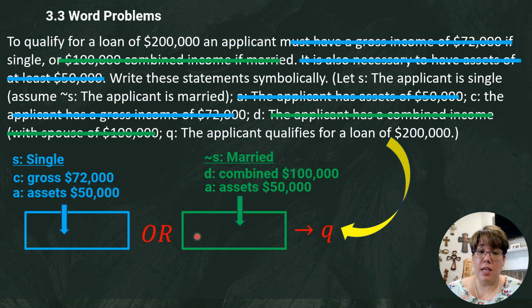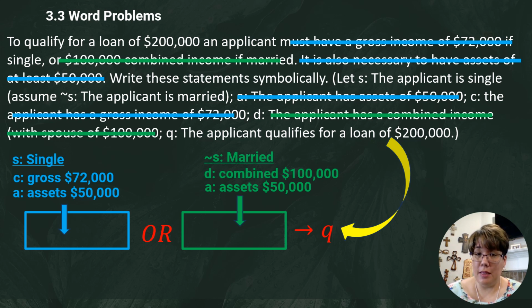Now, how are you going to keep these two things apart? Well, you're going to put them in a box, right? How do we put things in boxes in math? Typically we put them in parentheses, so parentheses are our boxes. Okay, that is how you work through these word problems.